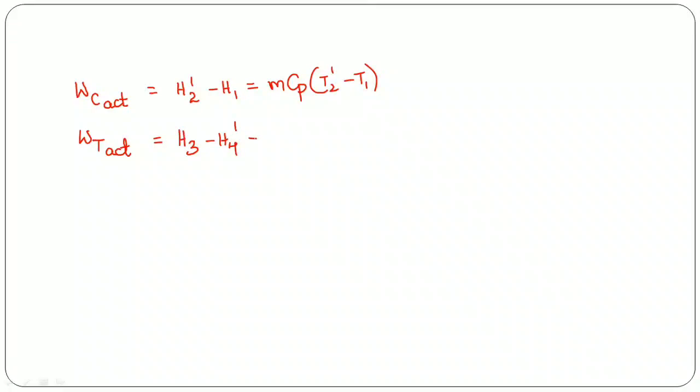We need to consider the actual work consumed by the compressor, which is H2 dash minus H1 or mCp (T2 dash minus T1). Then the actual work developed by the turbine is H3 minus H4 dash, which is mCp (T3 minus T4 dash).